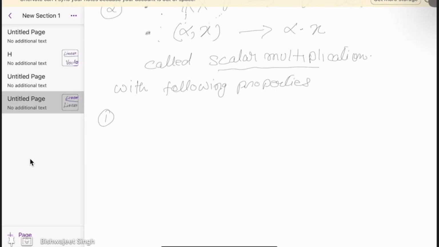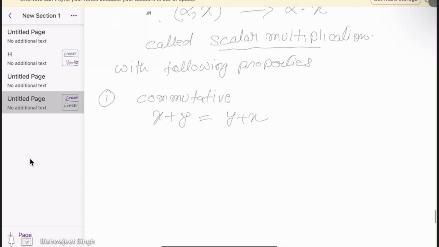The first one is called commutativity, and it is very easy. Commutative means which can commute, that is x plus y is equal to y plus x, right? Now the commutativity is with respect to plus, because the operation here is plus.